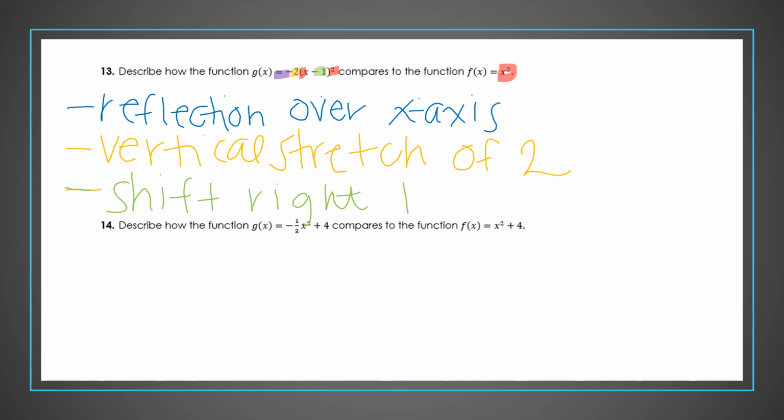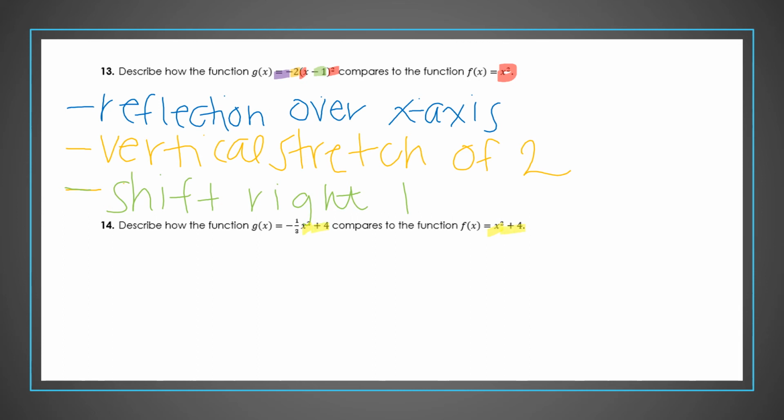On 14, we're comparing g of x equals -1/3 x squared plus 4 to x squared plus 4. So initially, they both have an x squared, so that doesn't change. They also both have a +4, so that doesn't change.